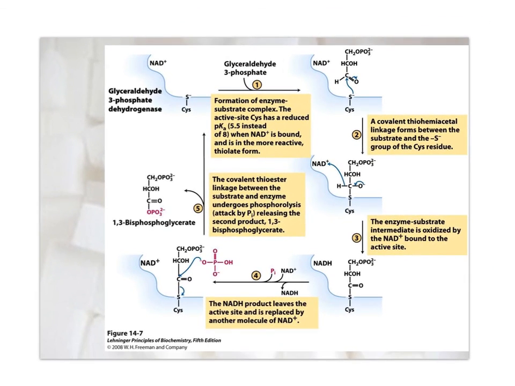I just wanted to point out a couple things. Like I said, this is the first time that we've seen NAD and NADH, and so that's why I wanted to show it. Here it's a thiolate. Remember, it's a thiol that's lost its hydrogen, so it becomes negatively charged. And what it does is fairly simple. It attacks that carbon, which is delta plus, to form the tetrahedral intermediate.